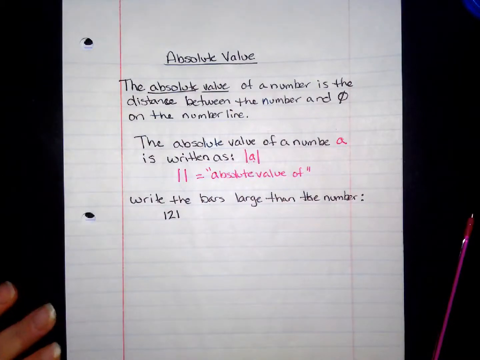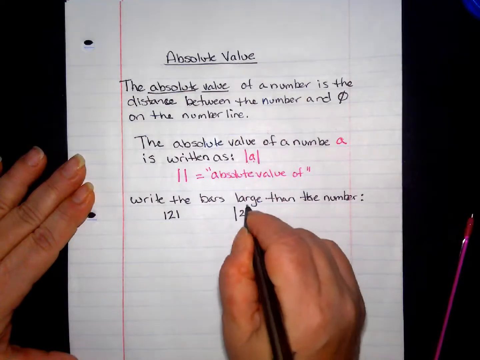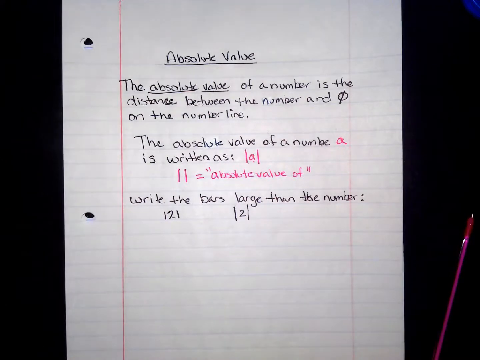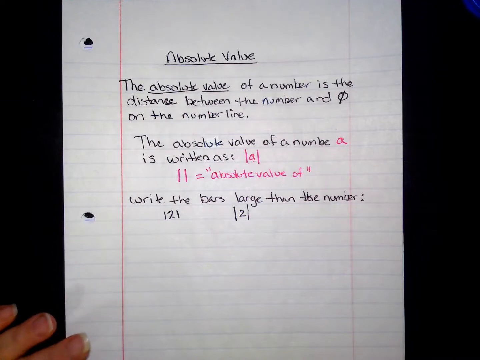It looks like 121, doesn't it? You might accidentally first say 121, but then you're going to say, wait a second, something looks wonky there. Oh yeah, that's absolute value. So you need to make sure that your numbers are smaller than your bars. Your bars should be longer from top to bottom than your numbers, because you can easily get confused with this mathematics symbol.